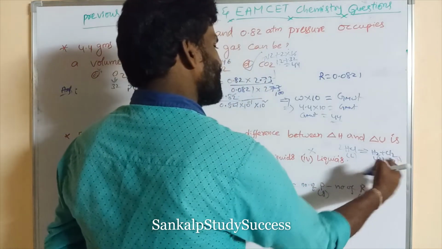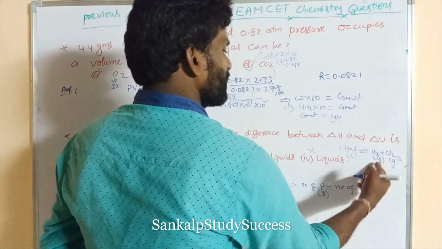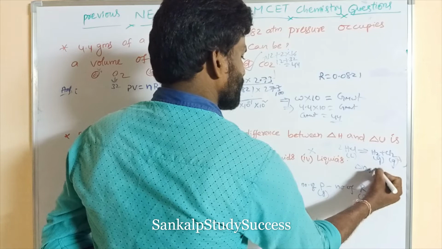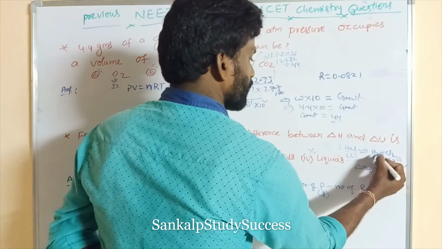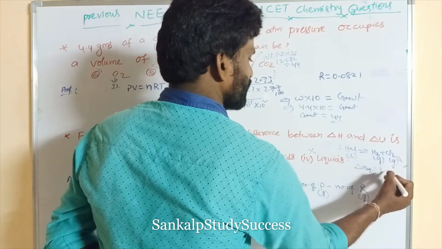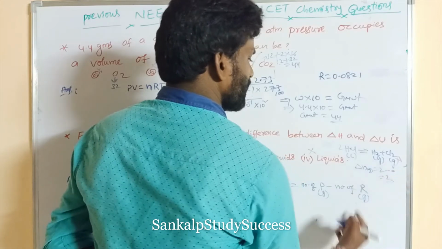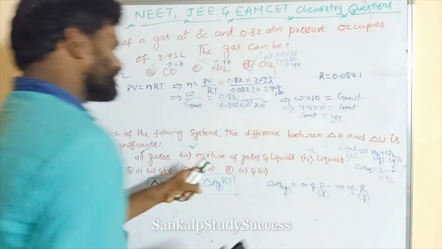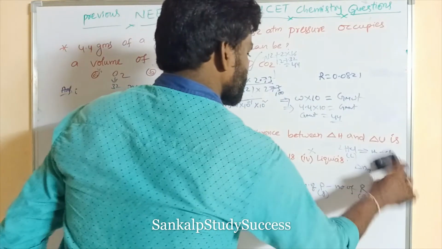Okay, a mixture of gases and liquid. So here how many molecules? Delta Ng is equal to product 2 minus reactant 0. So here delta Ng is not 0, right? So this is the mixture of gases and liquids, right?